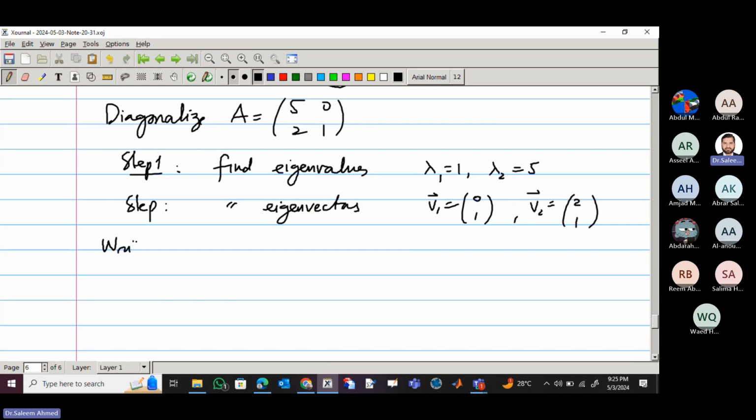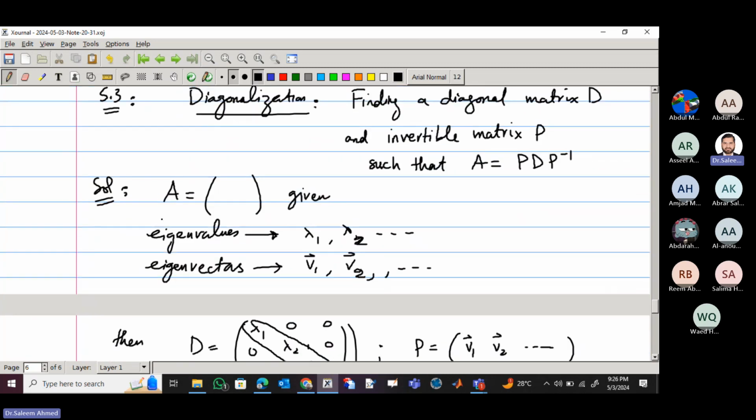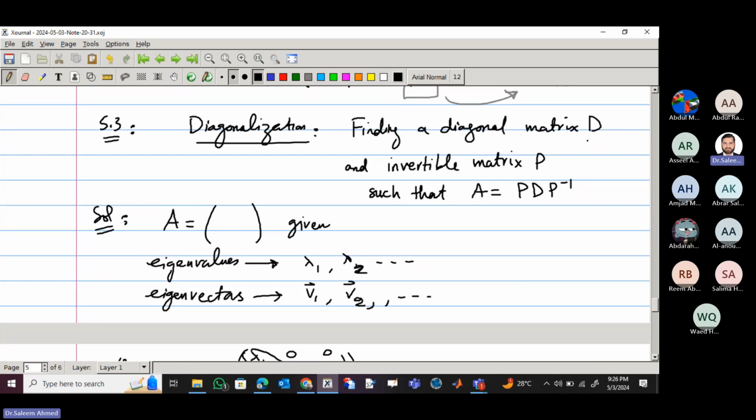Now I will write D. Let's say I give you a question that a matrix A is given, find the eigenvalues and eigenvectors of these matrices. So you have already found eigenvalues, eigenvector. After that, I can ask you, OK, now write the matrices D and P such that A is PDP inverse.